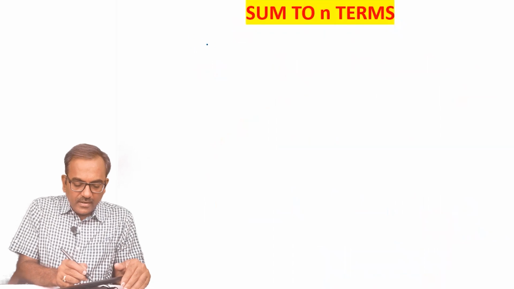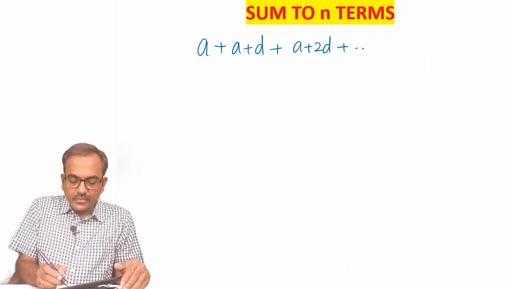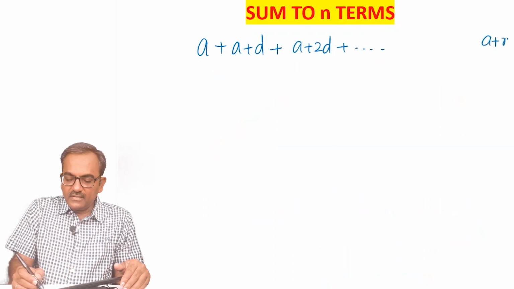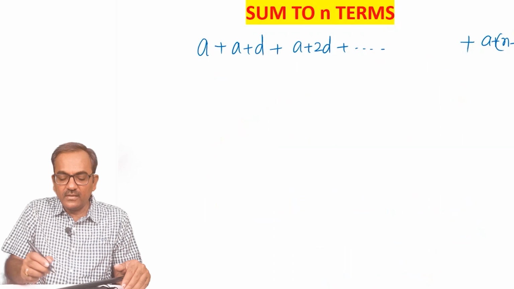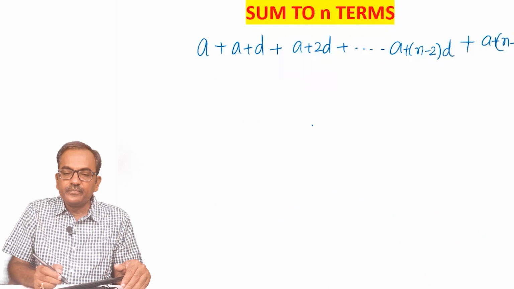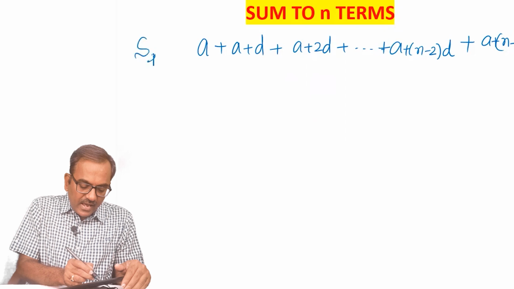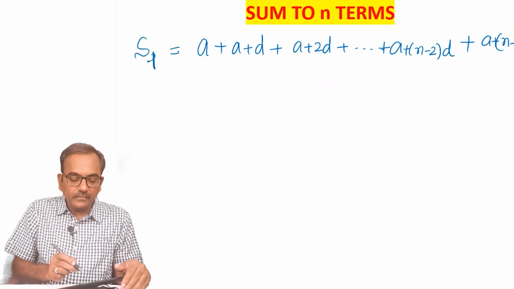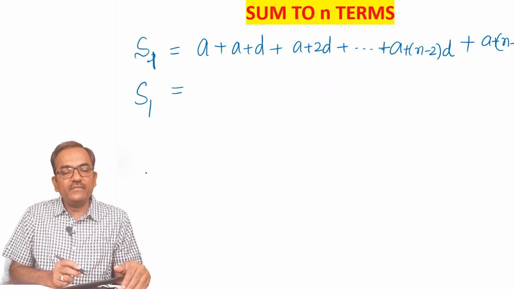Now let's try to derive this formula. We know that a plus d plus a plus 2d up to a plus n minus 1 times d. And what would be the previous term of a plus n minus 1 times d? Of course, it is a plus n minus 2 times d. And I write this as S1. The same S1, I write it, but in a different order.